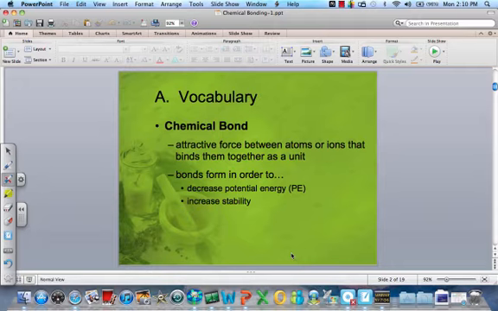Chemical bonds will form in order to decrease their potential energy, and that will increase their stability. Alright, so I want you to remember that when you're looking at the electron configurations, they are trying to become more stable. And if they become more stable, they will lower their energy state. So they're going to decrease their potential energy anytime that they gain, lose, or share electrons.